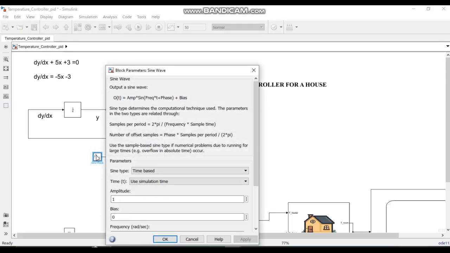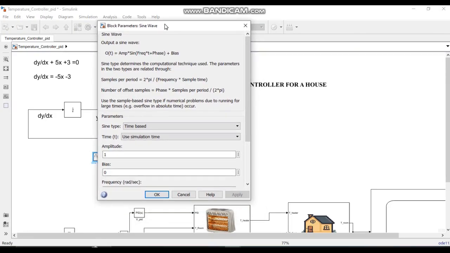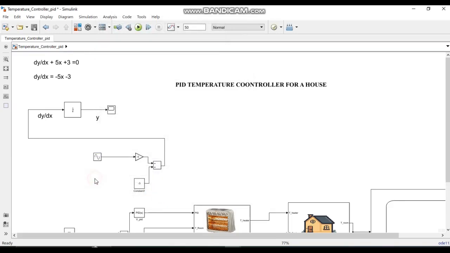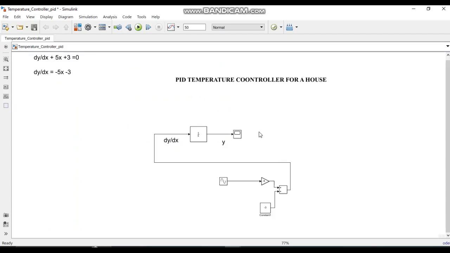This amplitude 1, 0. Okay, let our x change from 1 to 2. So let's see the output now. Just press run, right?